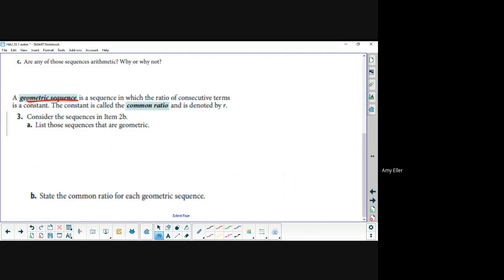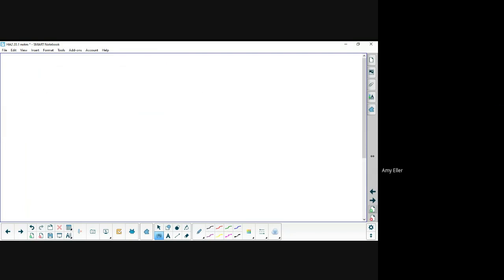So I had what we had before, R equals A sub n over A sub n minus 1. If I wanted to solve this for A sub n, to write a formula for the nth term, well, if it's being divided, I would multiply both sides by A sub n minus 1.